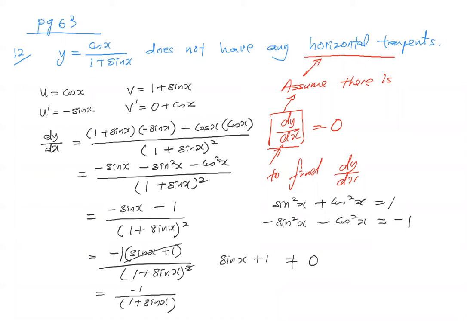Okay, so this one is equal to 0. If you do it, you will get negative 1 equal to 0. This is impossible. Am I right?